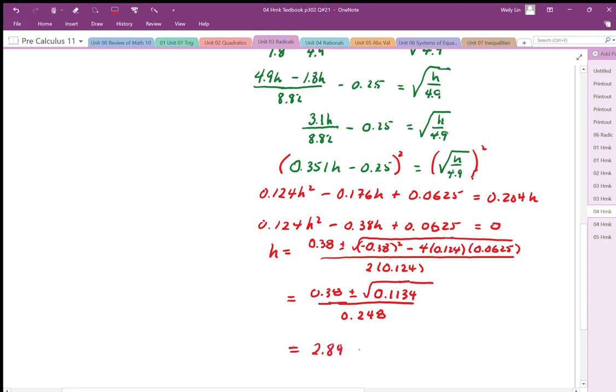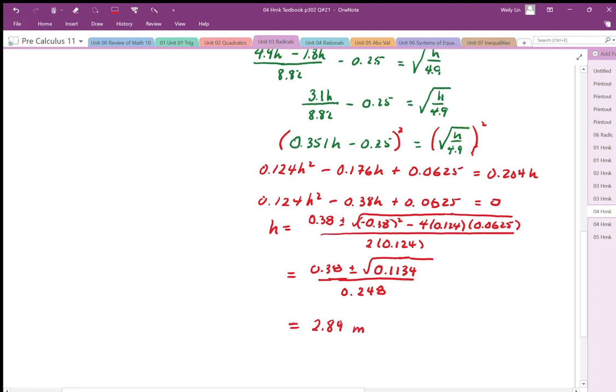And that would be meters, so that would be the height. There's another solution where I subtract the square root and I get 0.174, okay, that's in meters, and this is an extraneous solution. Okay, so our solution is going to be 2.9 meters.